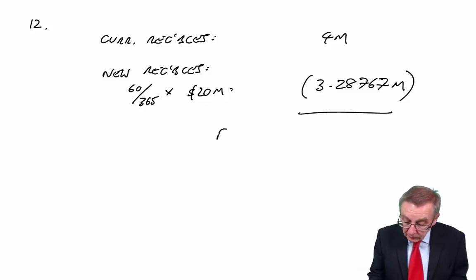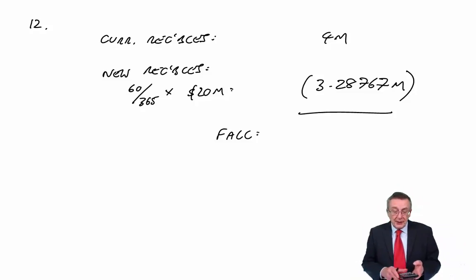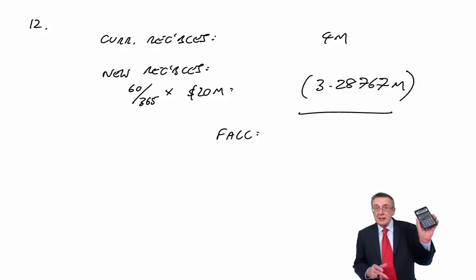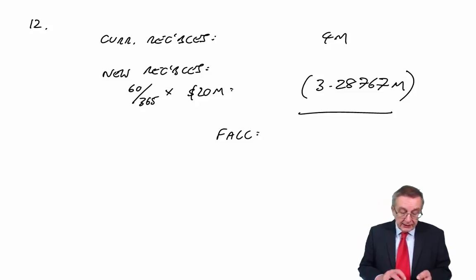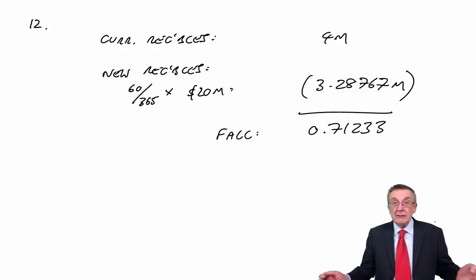The fall, therefore, I said before, don't write every single thing down. I would keep the figure in my calculator. But if we subtract it from 4 million, I get a fall of 0.71233 million, whatever it comes to.